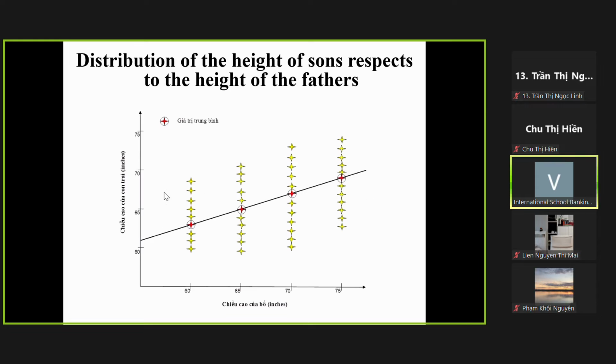So here we go to see his study, and then we can understand the definition of the term regression. The regression means regression to mediocrity. Now we go to see the study by Galton. Galton studies the relationship between the height of fathers and the height of sons.